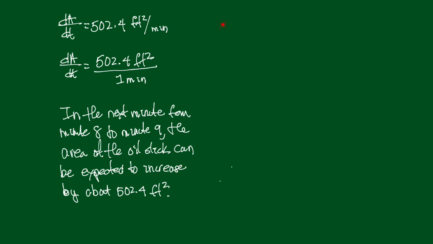All right, here's our derivative. dA/dt equals 502.4 square feet per minute. Now, if you look at this, dA/dt is equal to that number. That's a positive number. So the first derivative is positive.